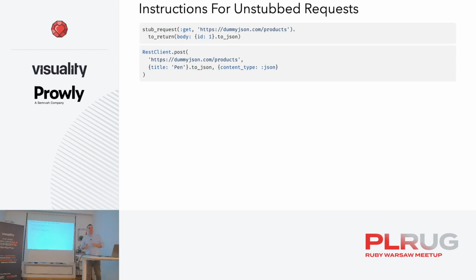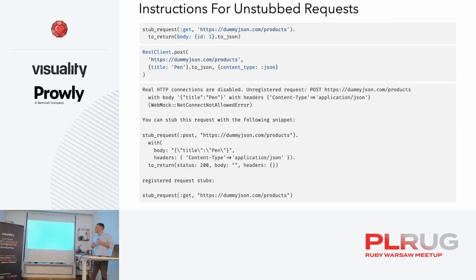And the feature that I very much like in WebMock is, in case you declare an HTTP request stub, and then you execute the request, and that request for some reason doesn't match the stub, WebMock will stop the request and will print these nice instructions on how this request can be stubbed. So you can just copy and paste it into your test. It will also print all the registered stubs underneath.